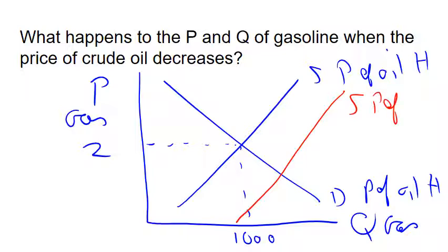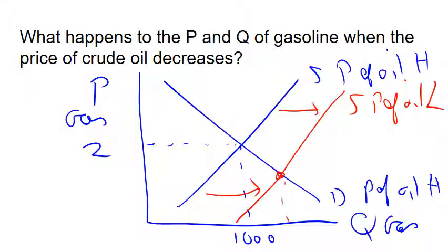This is the price of oil when it's low. Our demand's not going to change because we don't buy crude oil. We do care a lot about the price of gasoline. When the price of crude oil decreases, the supply of gasoline will go up.